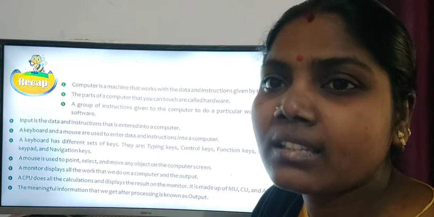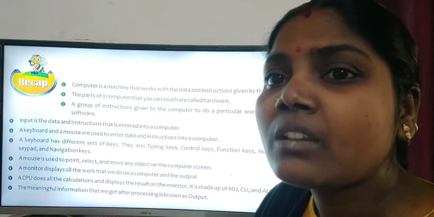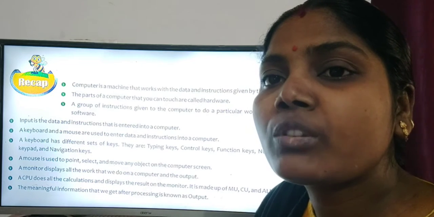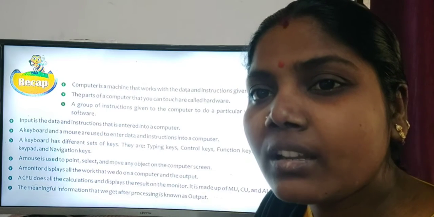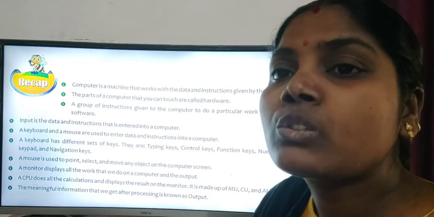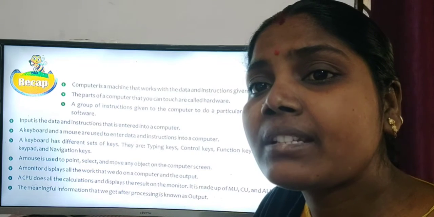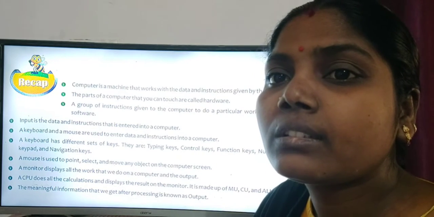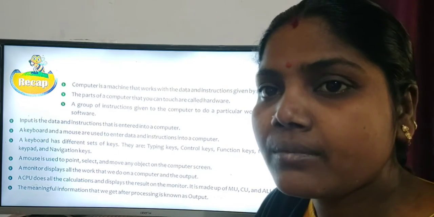That is called software. So hardware means the parts of the computer we can feel, touch and see. Software is a group of instructions given to a computer, then it works.